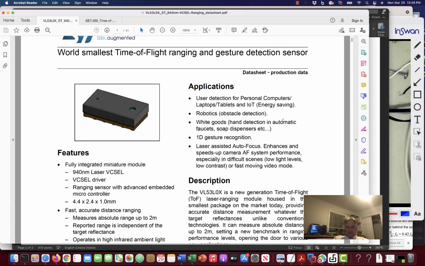White goods, hand detection and automatic faucets, soap dispensers, etc. And then this one here, one-dimensional gesture recognition. It almost looks like one-digit gesture recognition, which is quite popular with drivers in Massachusetts. They do a lot of one-digit gesture recognition.